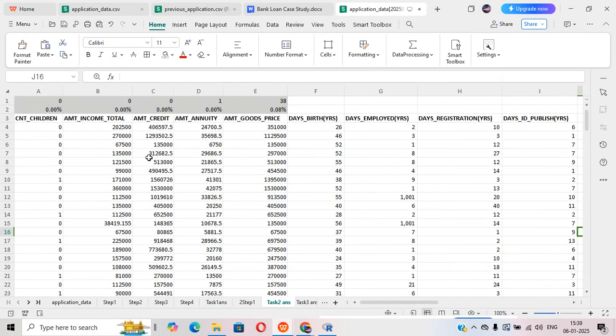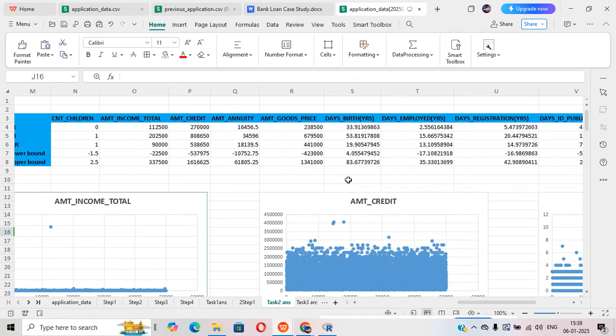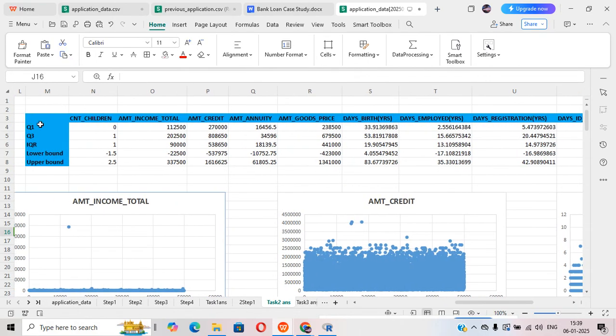After that I pasted these values on a worksheet and calculated the first quartile, third quartile, IQR, and the lower bound and upper bound using formulas. For the first quartile I used the quartile formula, and for the third also the same quartile formula. For IQR, I subtracted the first quartile from the third quartile.